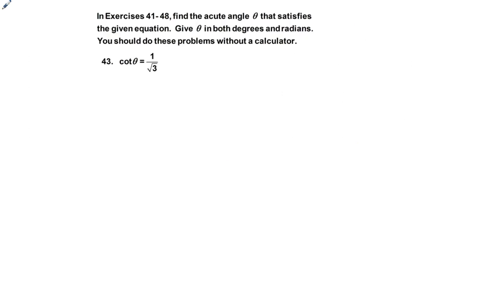Next, now we'll go to the odd numbered problem, again 43. Cotangent theta equals 1 over square root of 3. Well, cotangent theta is equal to the reciprocal of tangent theta. So therefore, we would know that for this same angle, the tangent of theta is going to be square root of 3.